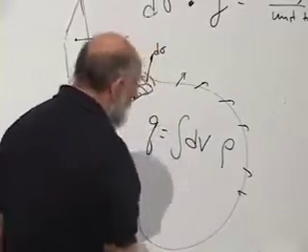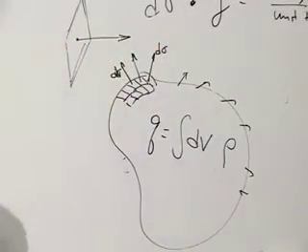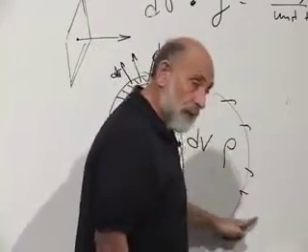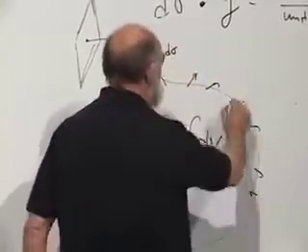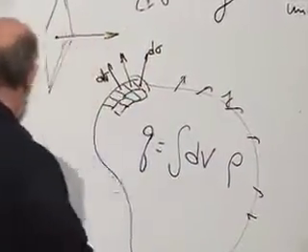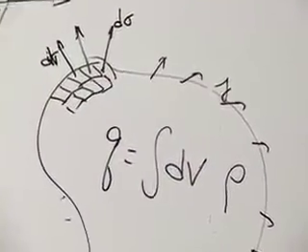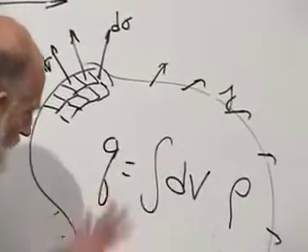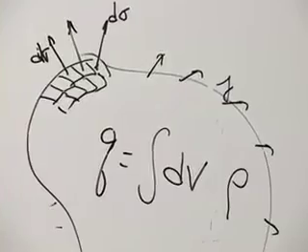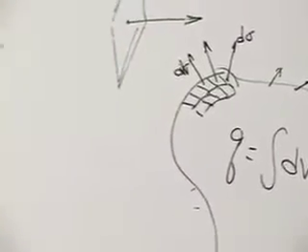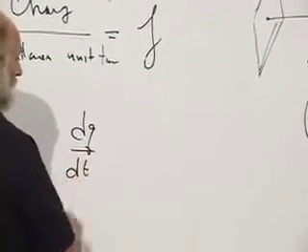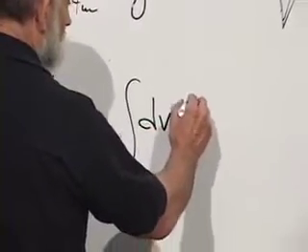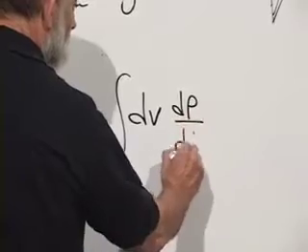So if the charge on the inside is changing, you can be certain that there must be a flow of current through the boundary, and that tells you that there must be a J. In fact, we can write down a simple equation. The time rate of change of the charge inside this region, dq by dt, is equal to the integral dv of d rho by dt.